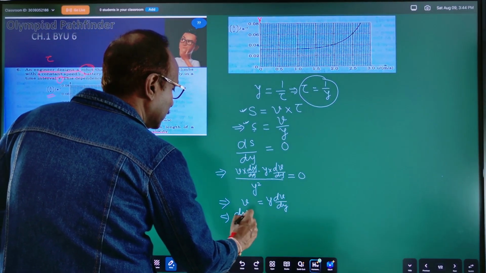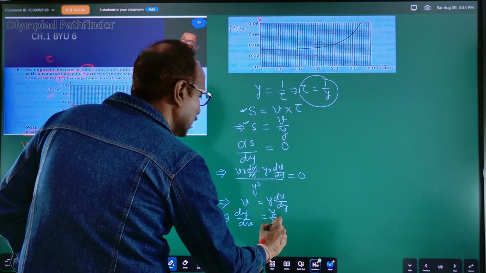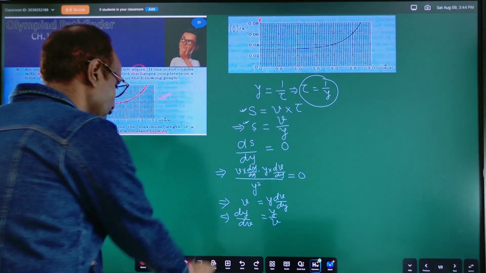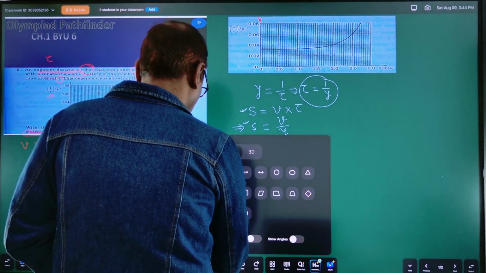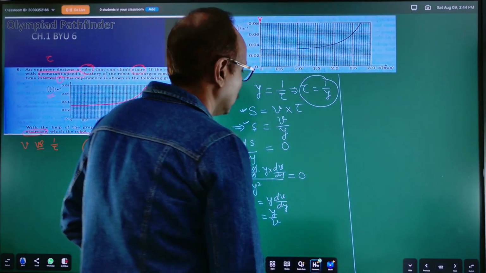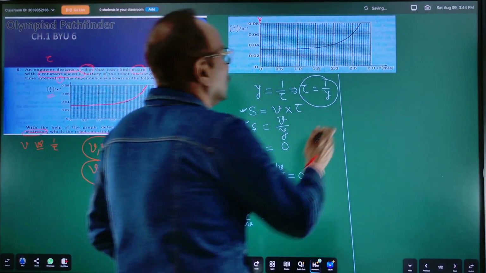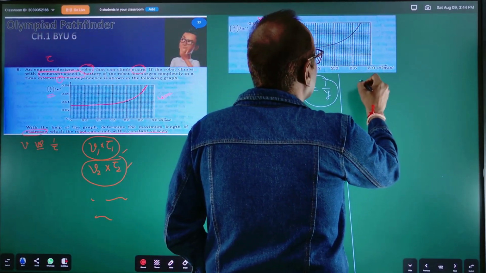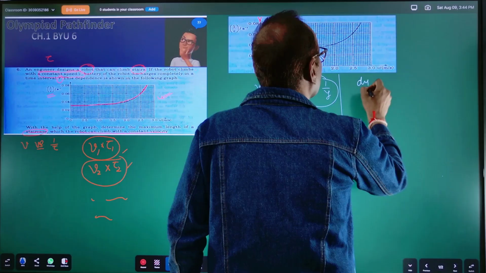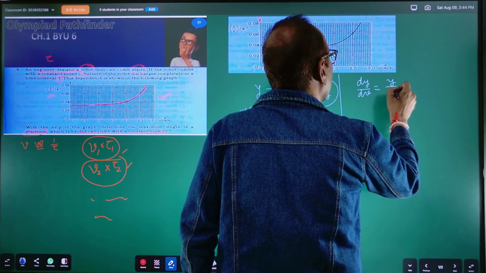So this will become dy by dv is equal to y by v.